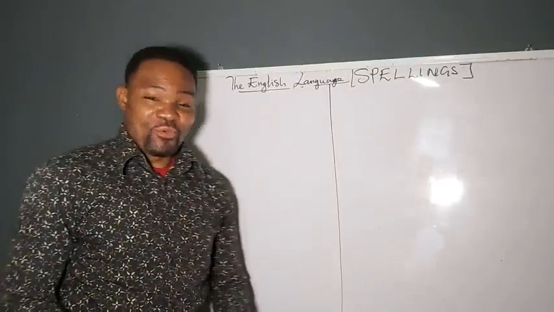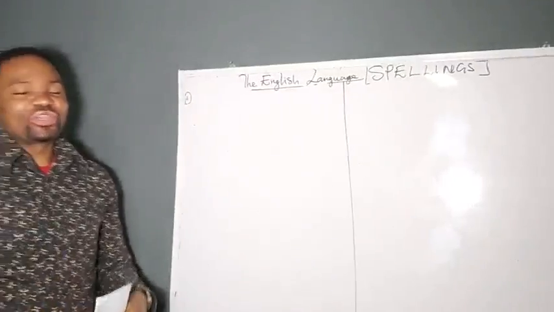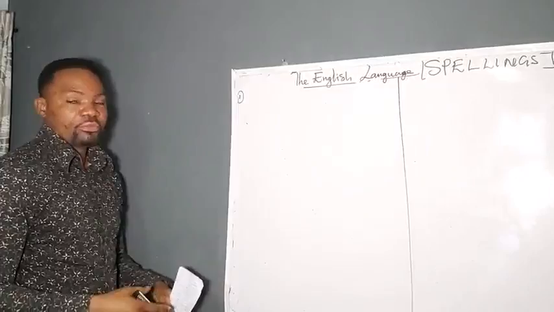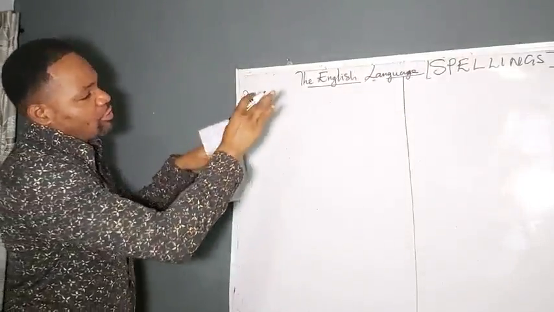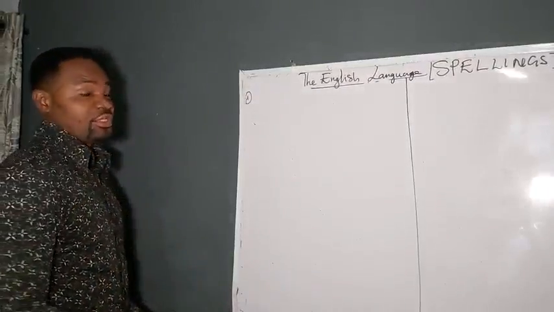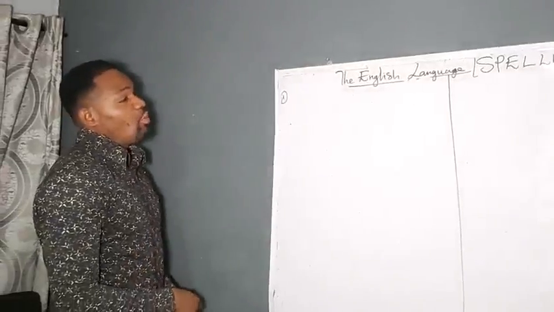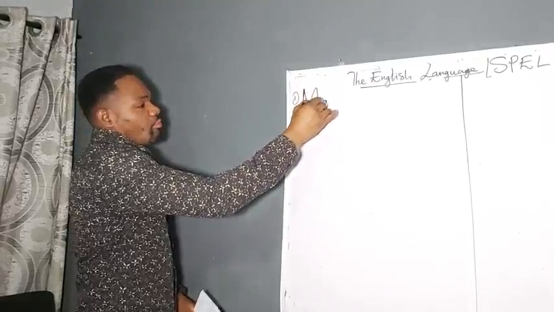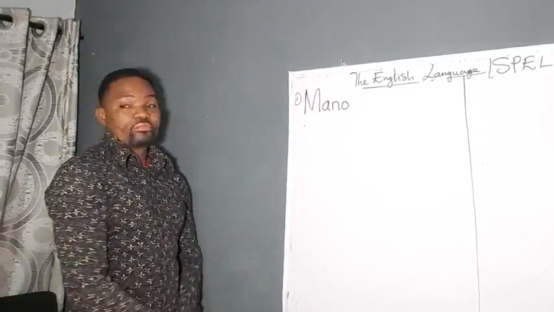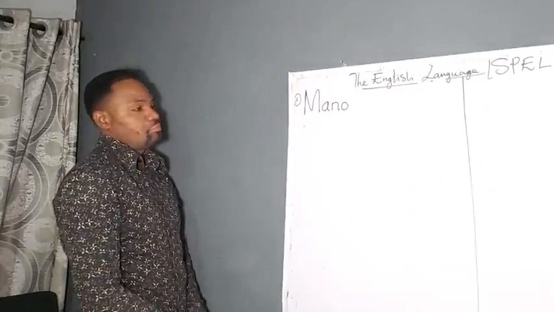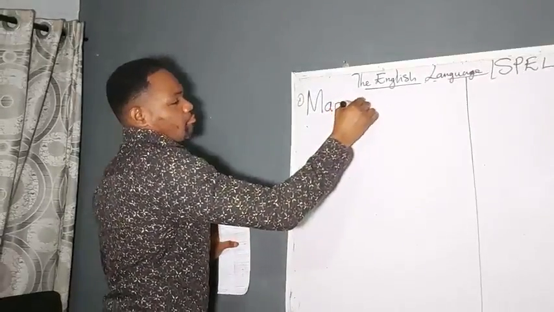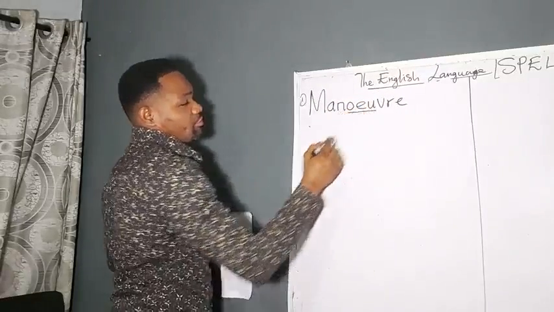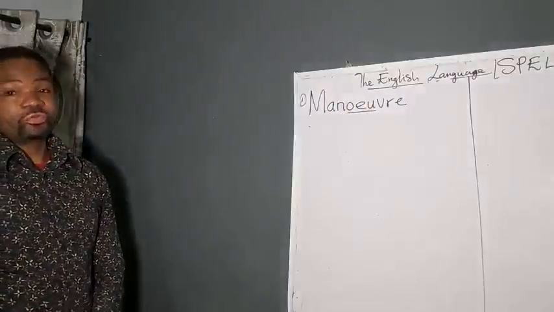Welcome back. Now let's look at the corrections of all that we've spelled. So we're going to have those words on the board and at least a bit of explanation on it. So let's see number one. Maneuver.